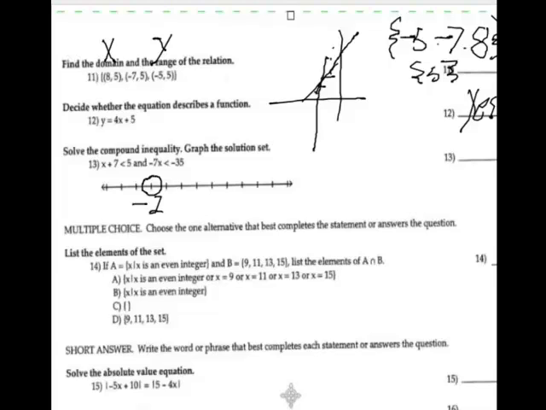We just did that a little while ago. So -1, 0, 1, 2, 3, 4, 5. And it also is an open circle. Okay, and let's see. Oh, that's a shade in. Oh, no, we don't shade in.